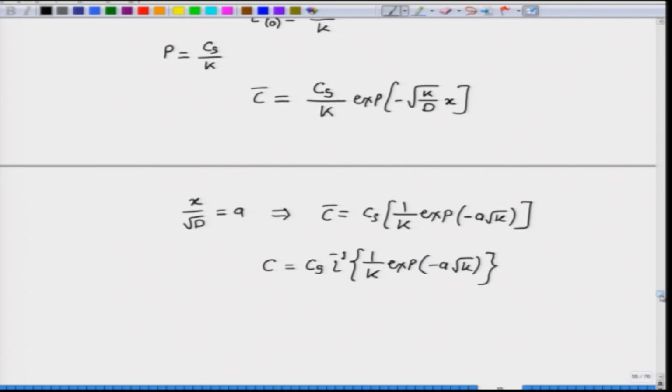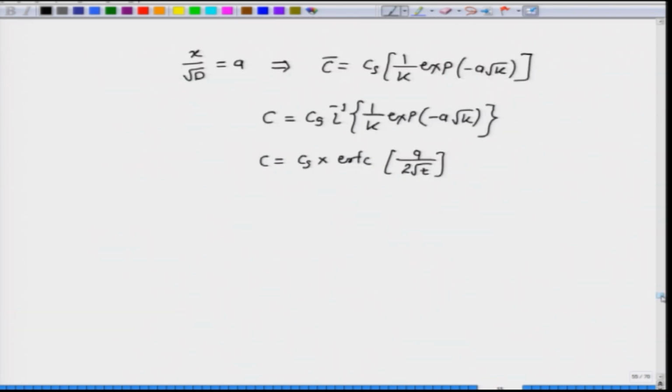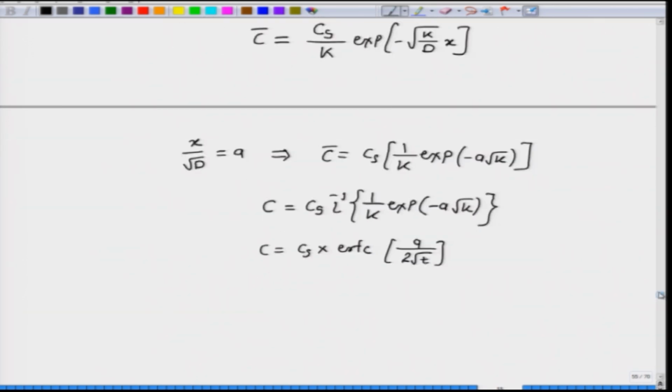And if we look at the Laplace transform table, or we solved this in a previous class, the Laplace transform of this term is error function c, the complementary error function a over 2 root t. Error function c of x is nothing but 1 minus error function of x, and a in our case is x over root d.